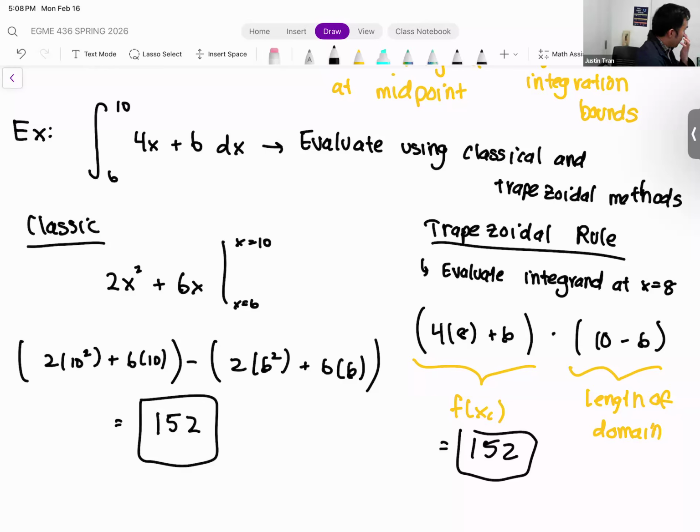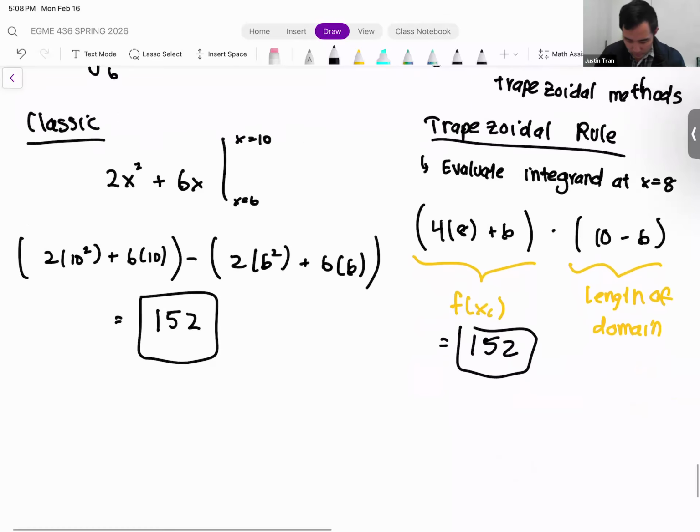Okay, so that's the nice thing about the trapezoidal rule, that it does work perfectly in some situations. The situation where it works perfectly is if your integrand is a linear function, then the trapezoidal rule will give you the exact solution.